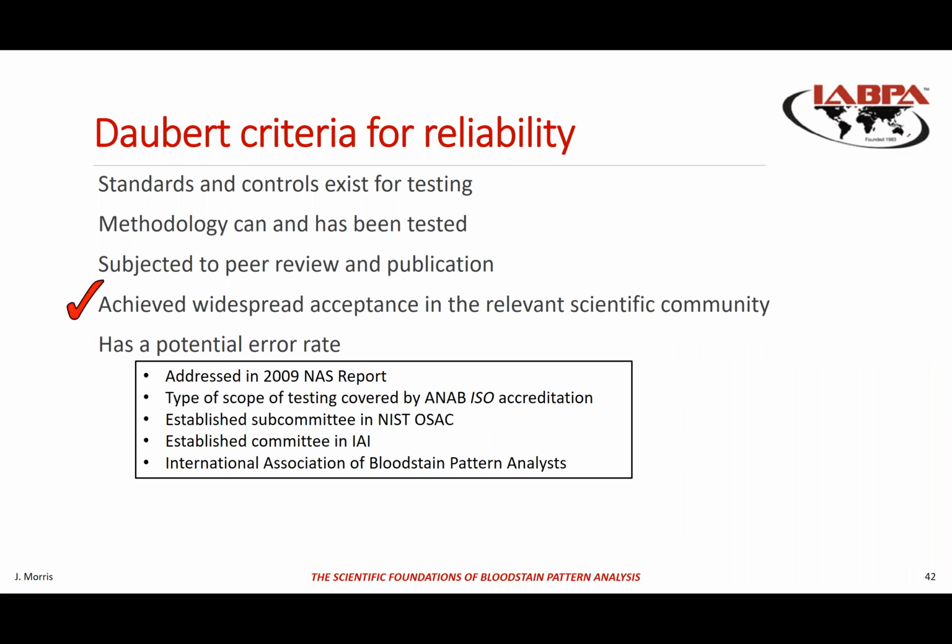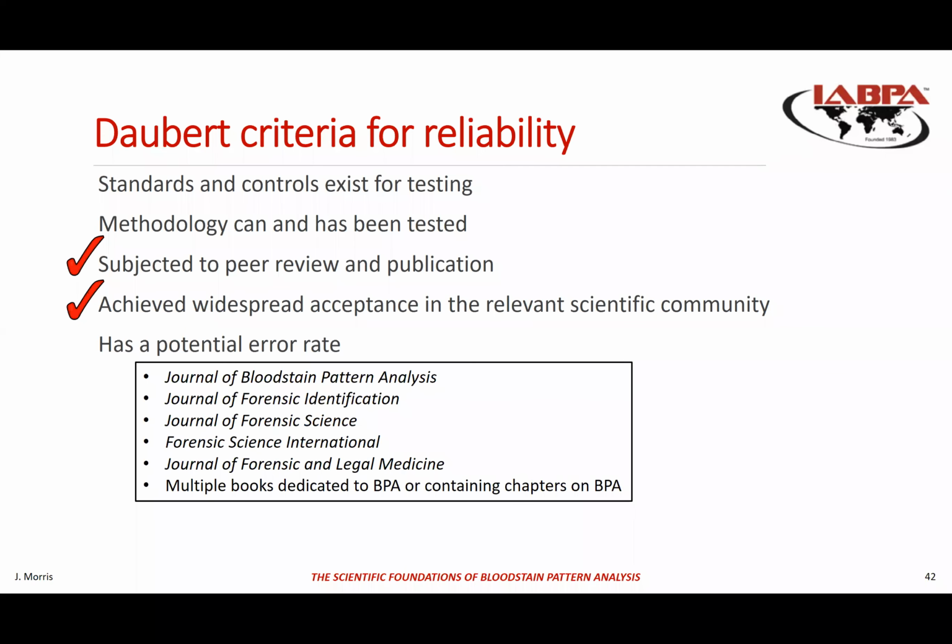It has an established subcommittee on OSAC. It has an established committee on the International Association of Identification, and we have our own scientific association. So within the relevant scientific community, which is forensic science, bloodstain pattern analysis has achieved widespread acceptance.